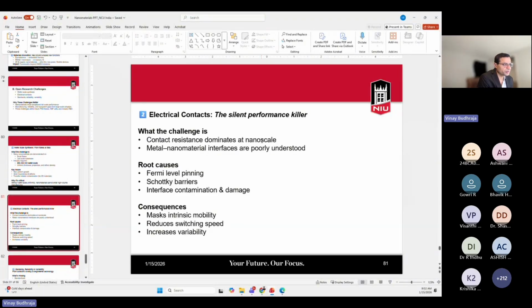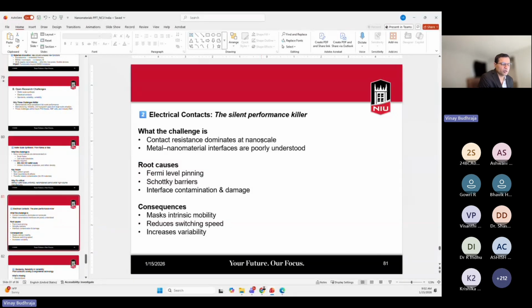The root causes are Fermi level pinning, Schottky barriers, interface contamination, and damage. The consequences are masked intrinsic mobility, reduced switching speed, and increased variability.